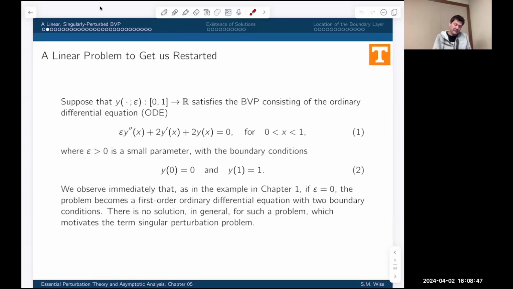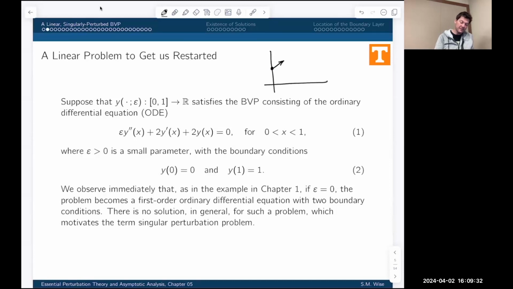If I have a second order initial value problem, then at my initial condition I'm going to be specifying both the value of y and its derivative.